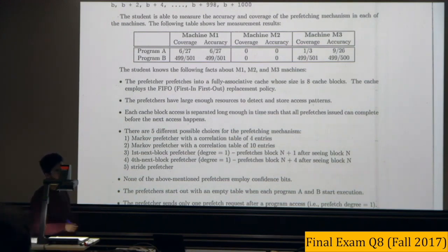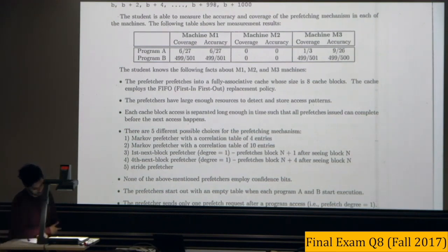Okay. This cache has both the actual accesses and the prefetched accesses? I won't say that, because it just says that it prefetches into a fully associative cache. Maybe you can think of it as a different cache, like a stream buffer or something.